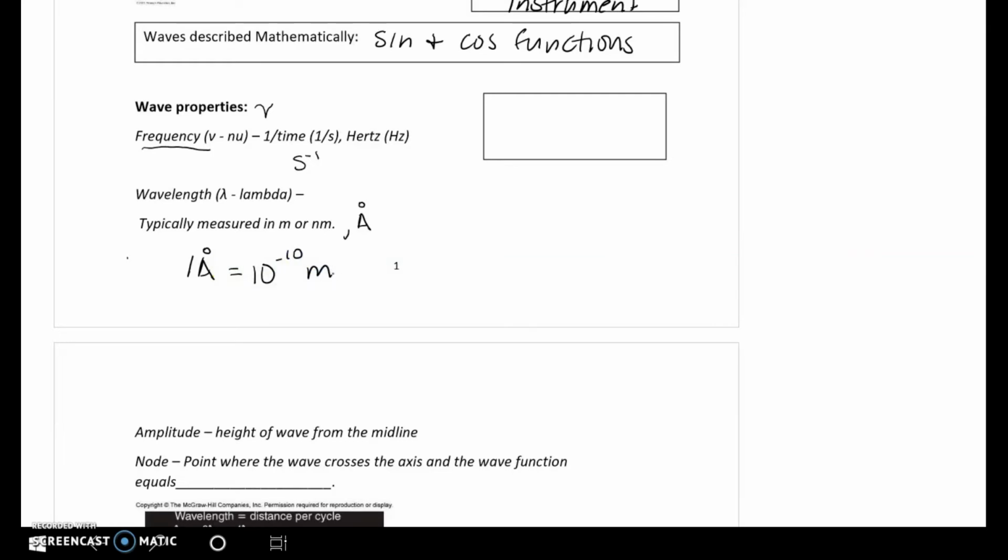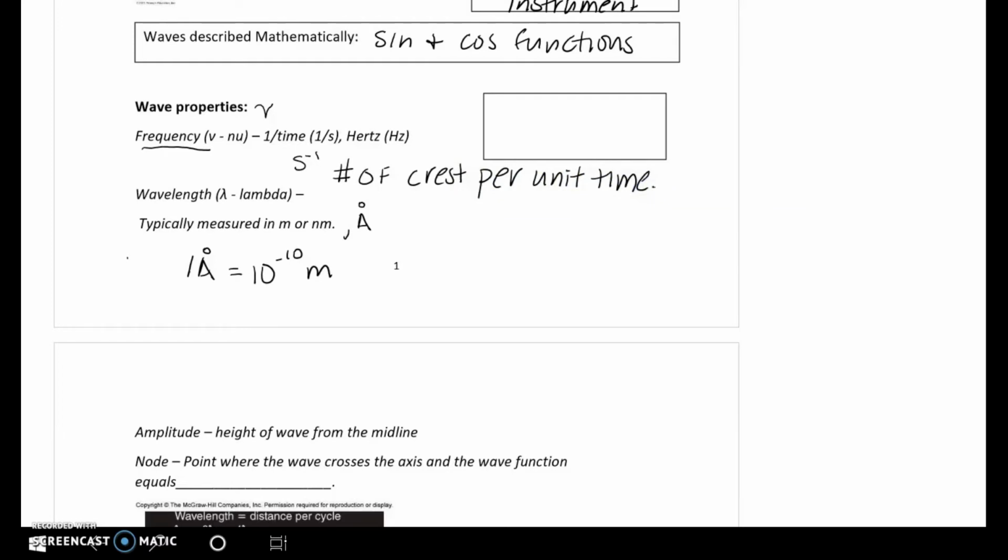Now let's define our wave properties, frequency and the wavelength. We talked about what the units are. Now frequency is defined as the number of crests per unit time. Okay, and I'm going to show you a picture on the next page on what that looks like.